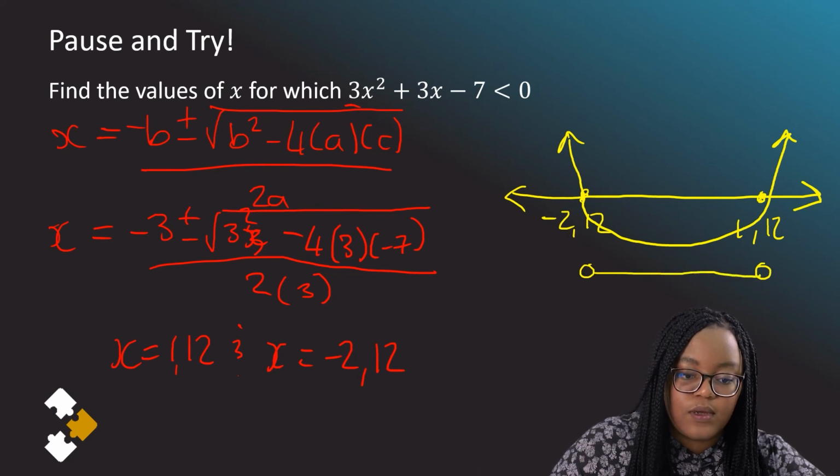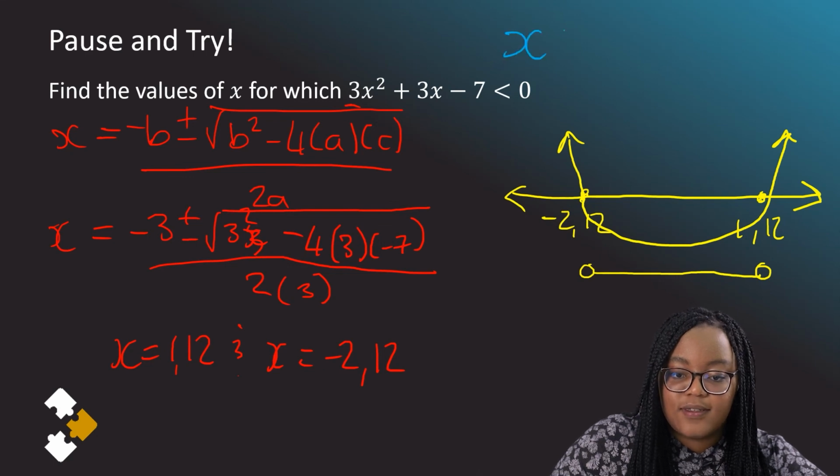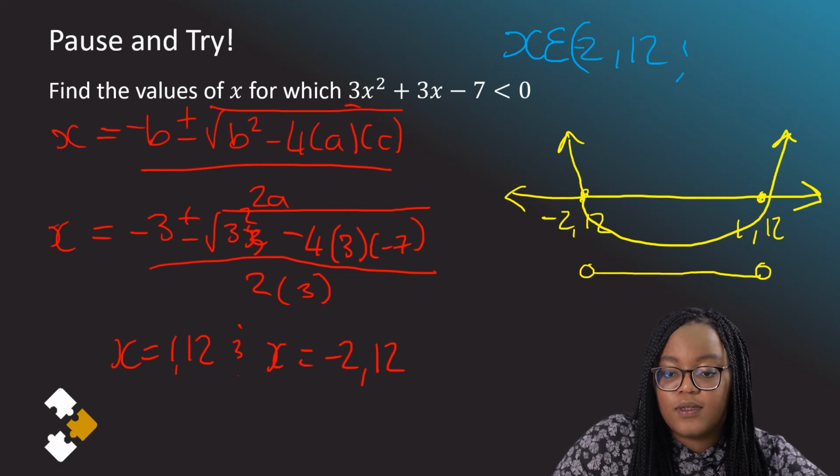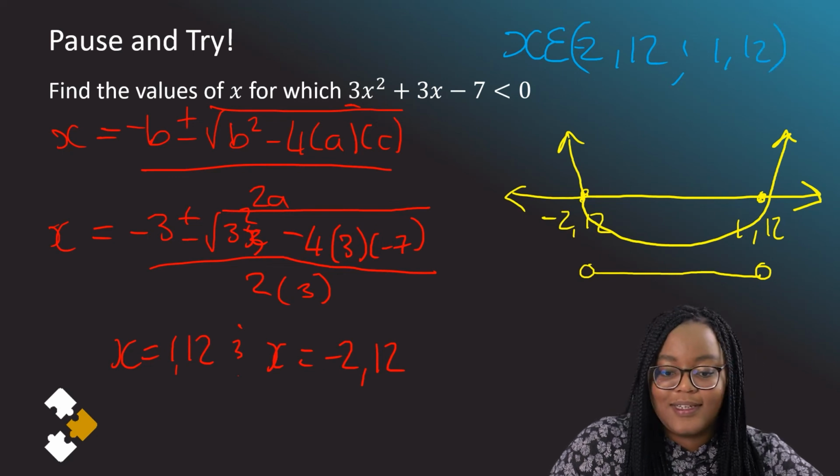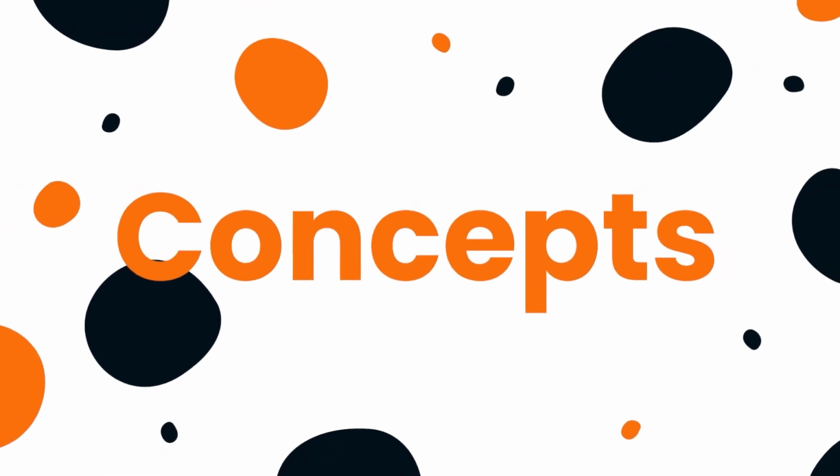Therefore, our answer is x is an element of negative 2.1 to 1.1. And that is how you solve an inequality.